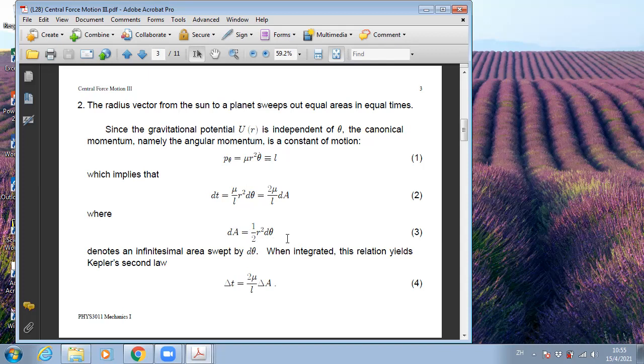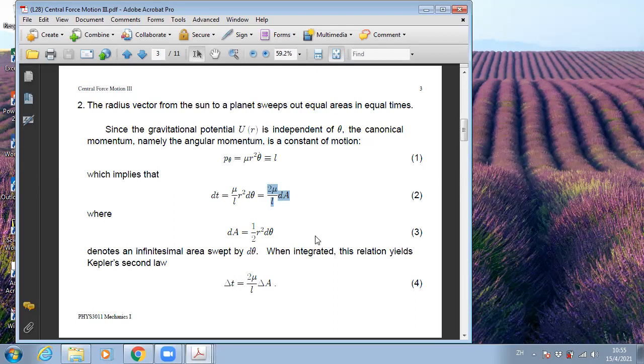I expect that all of you know this for a circle, for an arc. All right. So this is 1/2 r squared d theta. So this expression on the right hand side can be rewritten as this. So the dt is proportional to the infinitesimal area swept by the radius vector.